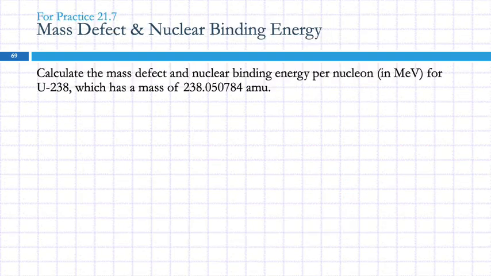Calculate the mass defect and nuclear binding energy per nucleon in mega electron volts for uranium-238, which has a mass of 238.05074 atomic mass units. We do not have all the information we need in this slide to do this problem. We need to know the mass of a proton and the mass of a neutron.